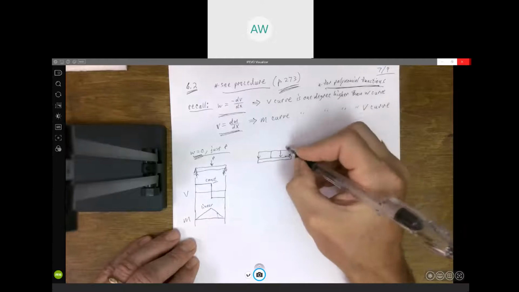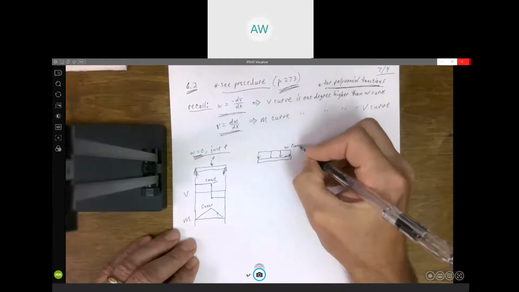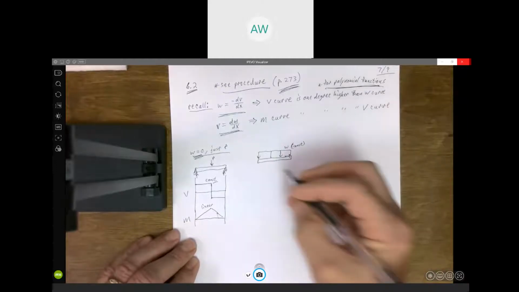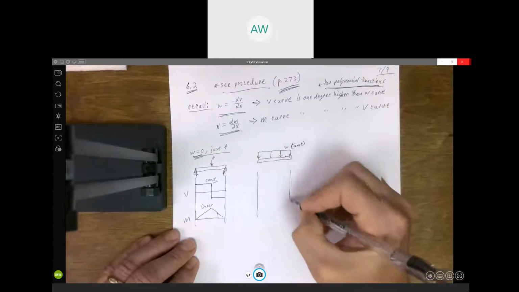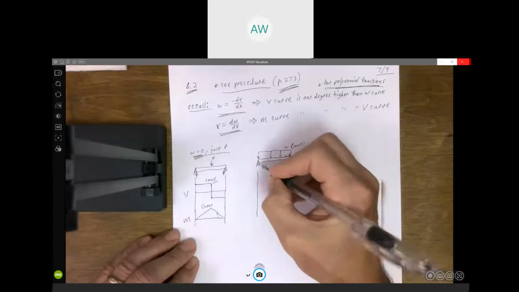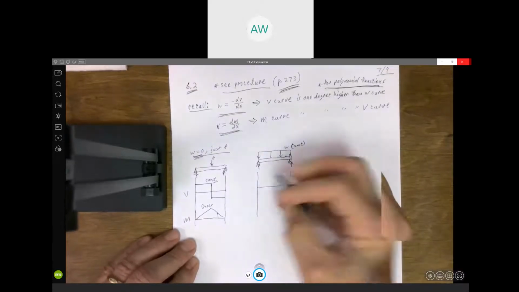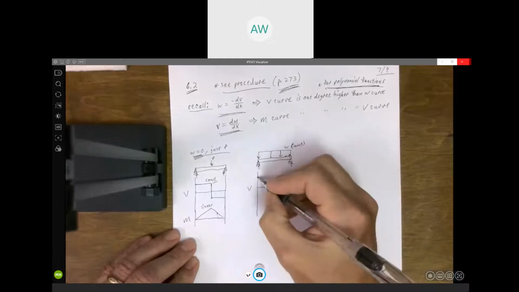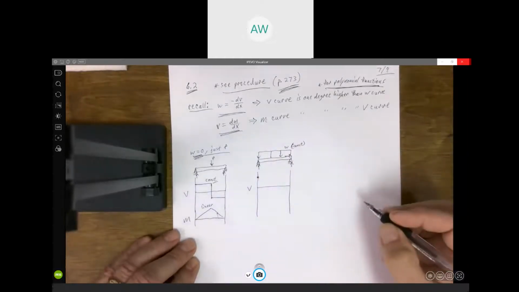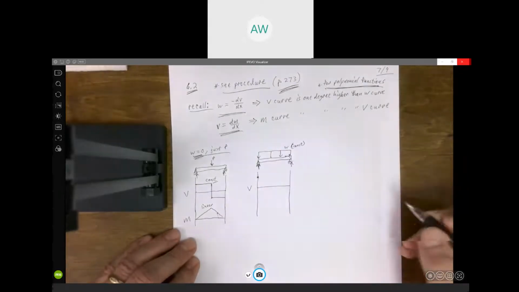So here we got some distributed load, and it's constant. And we'll keep the same support reactions, and that's going to tell me where my shear diagram is going to start, where that support reaction is.